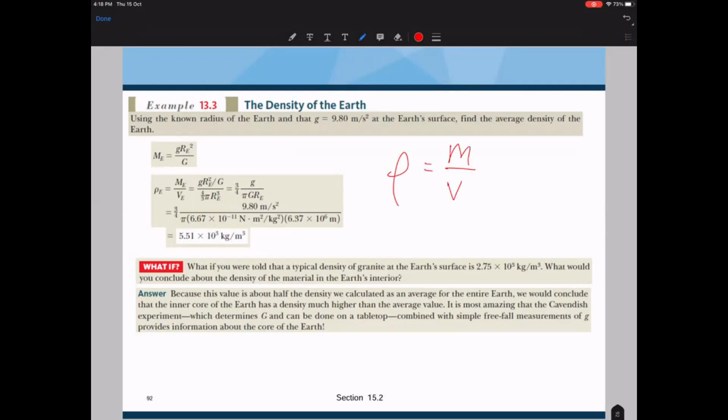We assume you know, but just in case. Now, the mass is the mass, of course. For the volume of the Earth, we assume it is a sphere. So what is the equation for the volume of a sphere? This is unfortunately not provided in the examination.